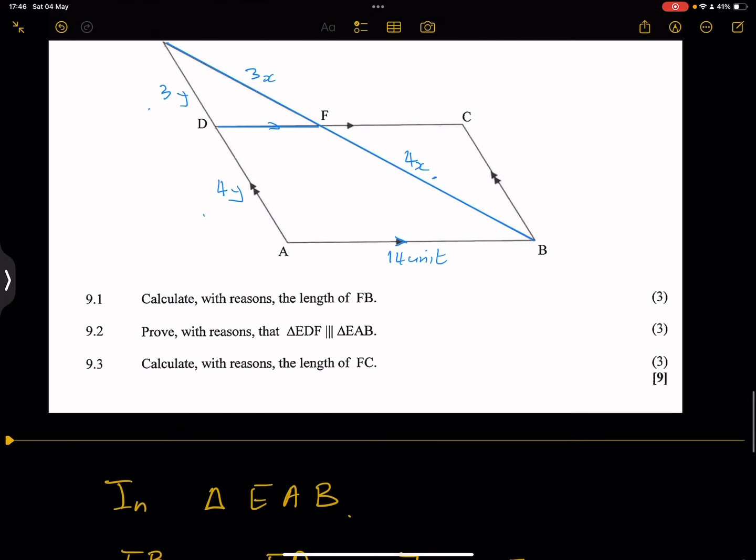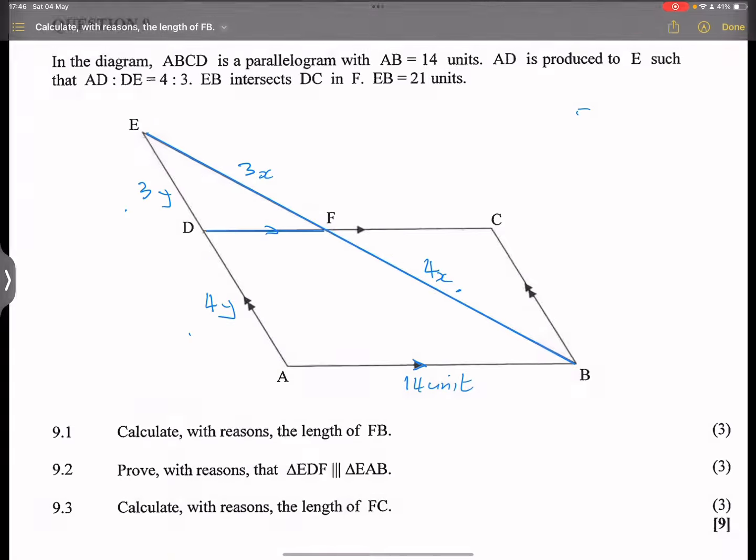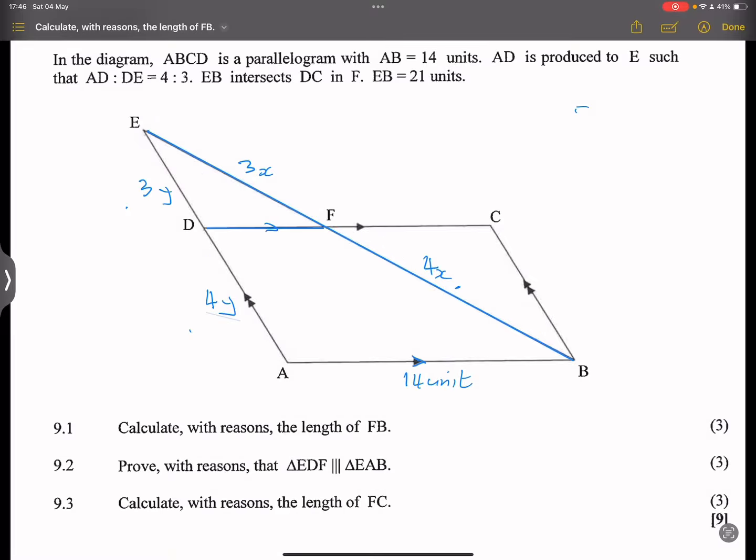So they say prove with reasons that triangle EDF is similar to EAB. Right, so first of all, let's note, it means that angle D will be equal to angle A, right? So EDF is equal to EAB.